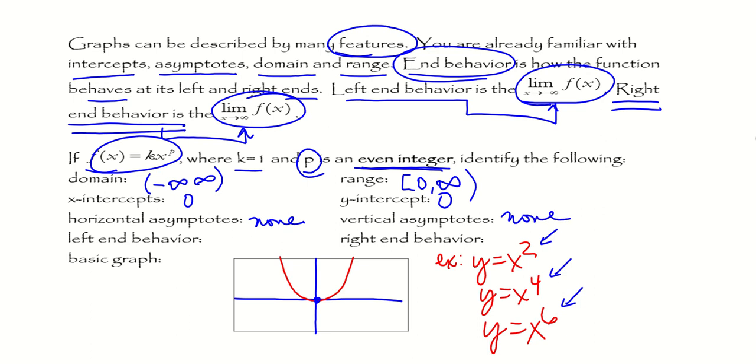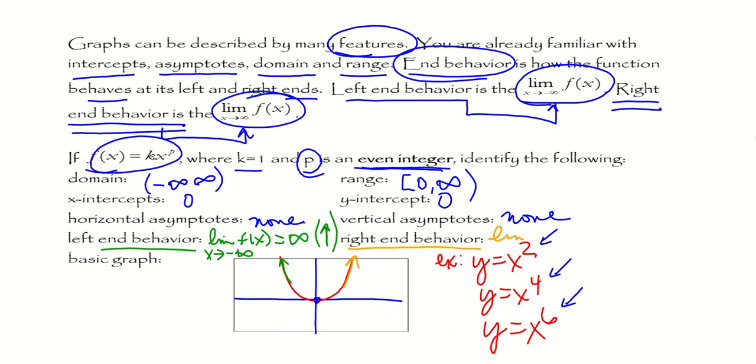Now, let's talk about our left end behavior, which is our limit, right, of our function as x approaches -infinity. If we take this graph and follow it to the left, it continues to go up, right? That limit is infinity, right? And sometimes we can refer to that left end behavior as up. If we look at the right end behavior, we're going to jump on our graph and follow it to the right.